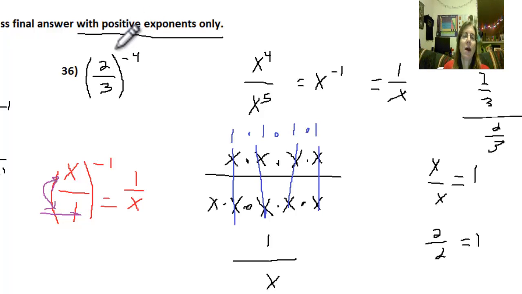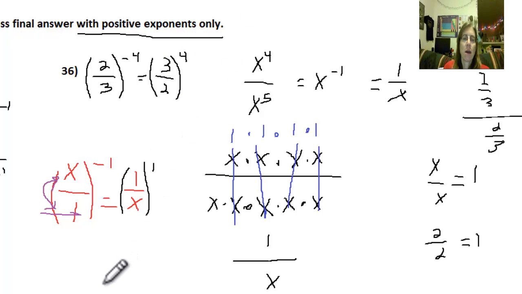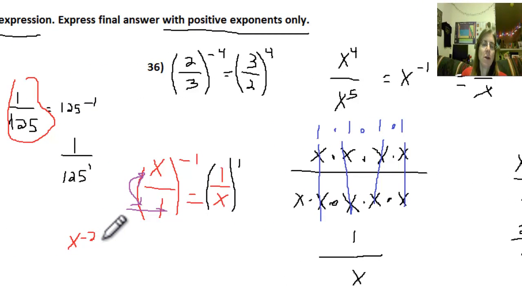So when you have a fraction to a negative exponent, you flip the fraction inside the parentheses, so it's 3 over 2, and the exponent becomes positive. Let's try something for a minute. If we have x to the negative 2, we know that equals 1 over x squared.